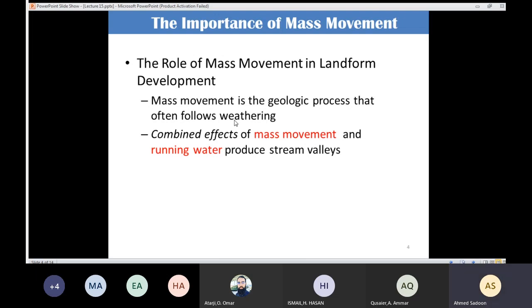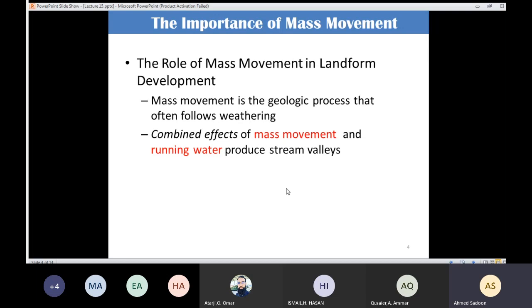And if I have mass movement along with running water, then the effect is going to produce stream valleys. So if I have mass movement and also running water at the same time, as a result, I'm going to expect to see stream valleys.